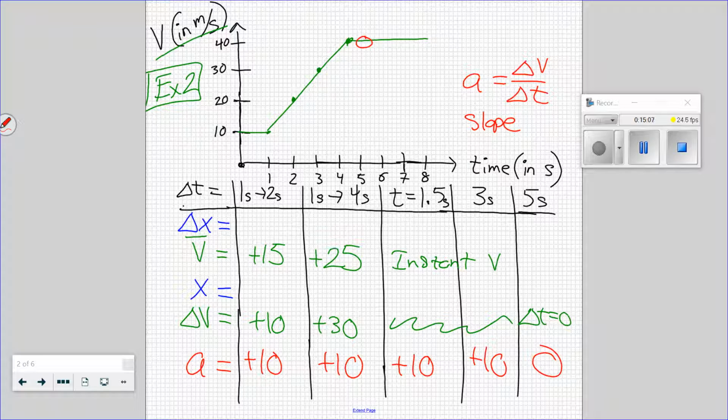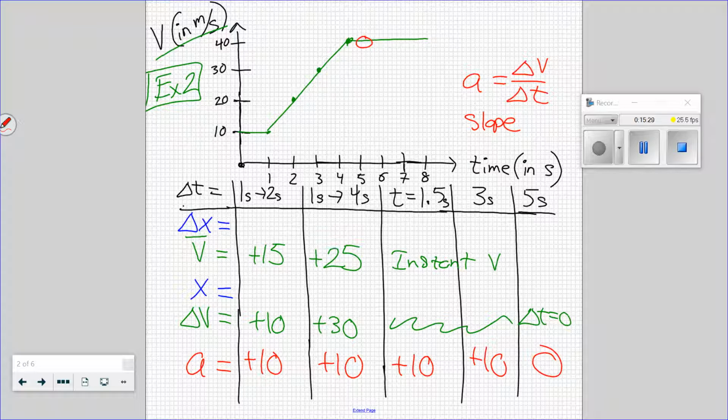Can I get displacement or position off of this graph? It's a velocity graph. Oh no. Okay, hopefully I didn't wait too long before springing on you the big trick.